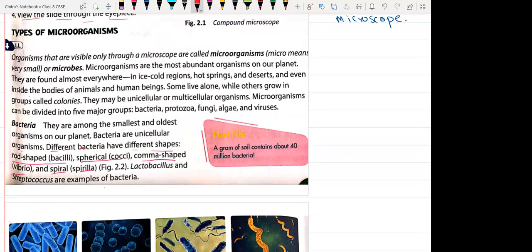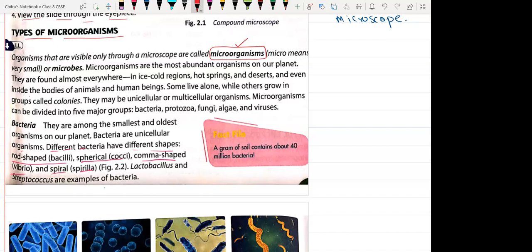Okay, so now let's discuss the types of microorganisms. Microorganisms are only visible with the help of a microscope. That's why they are called microorganisms. So organisms which can be seen only with the help of a microscope are called microorganisms.